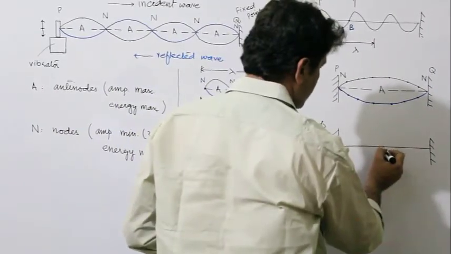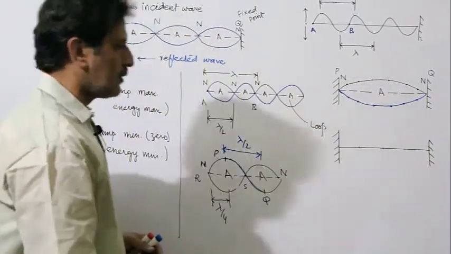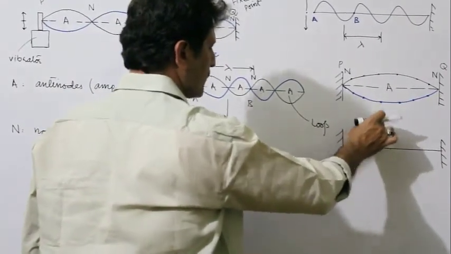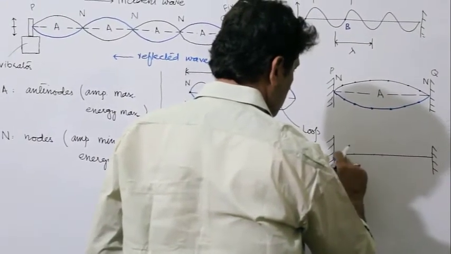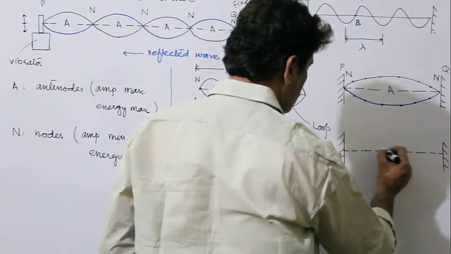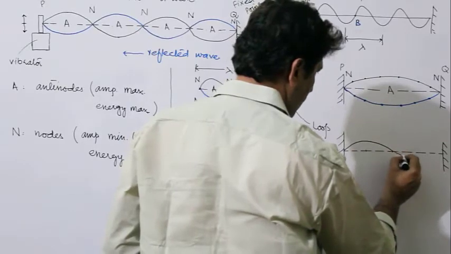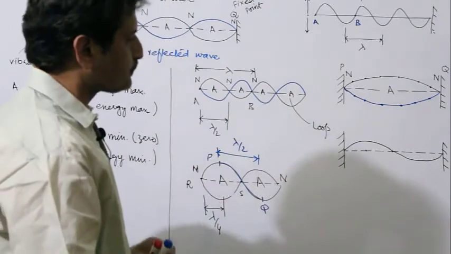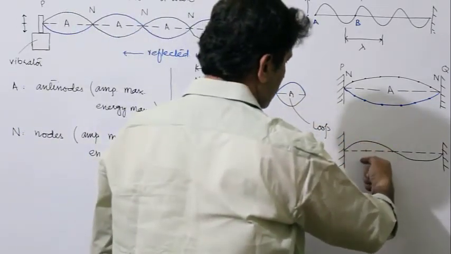For example, it is a midpoint, and it is a midpoint on the left hand side of the half of the string, and we are plucking this string or rubber band from this position, and when we release it, when we pluck it at the time t equals 0, the position of the string will be here, and this particular wave will be formed at the time t equals 0. And when we release it, this loop will move vertically downwards.